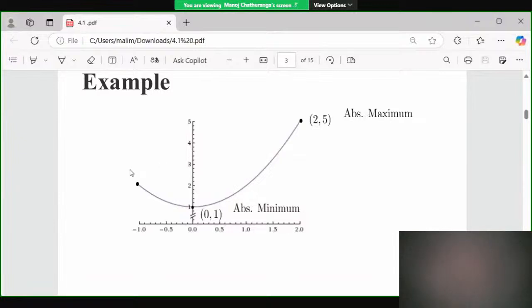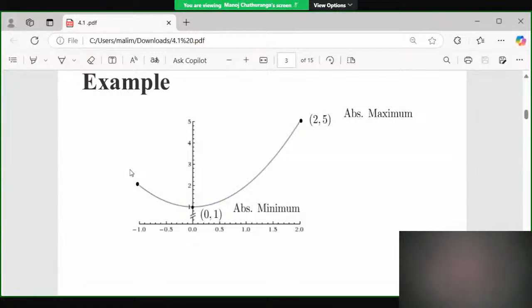Those kinds of maximum points are called local maximums. Locally, those look like maximum points. Imagine a mountain range, and there are peaks in this mountain range, and there will be a tallest mountain in the range. That is the absolute maximum.